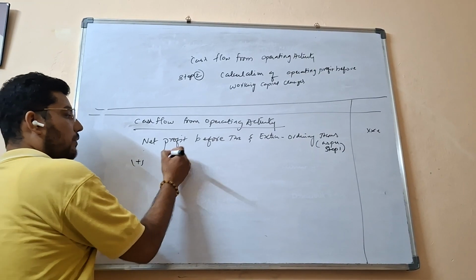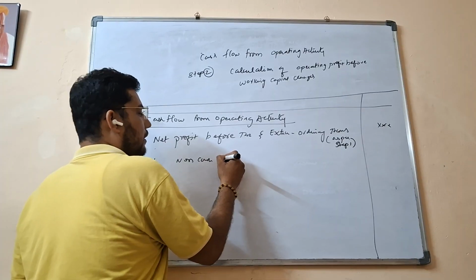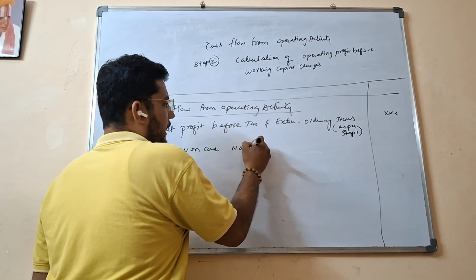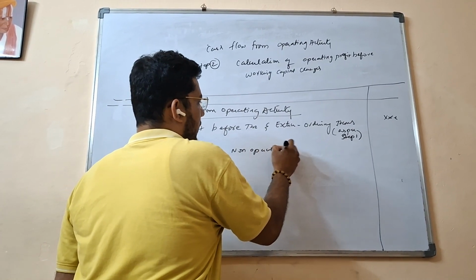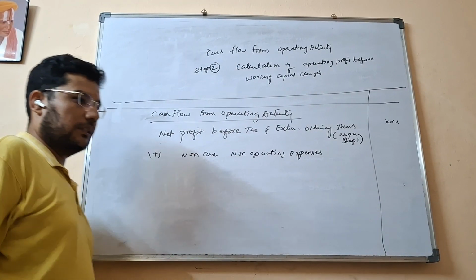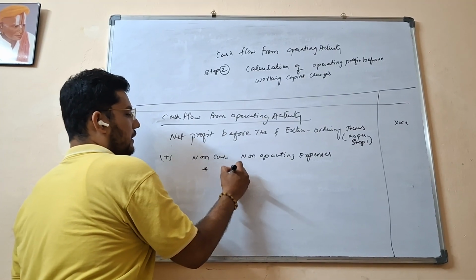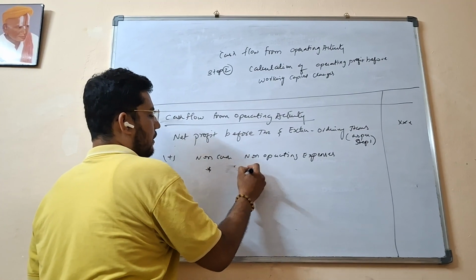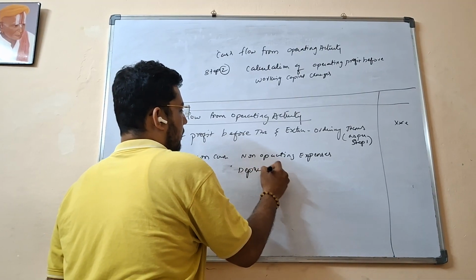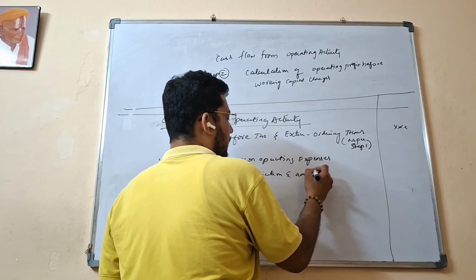That is, we are going to add non-cash, non-operating expenses. That is, we take depreciation and amortization.